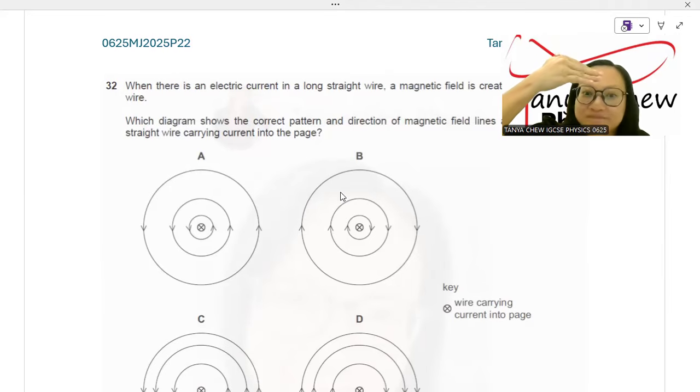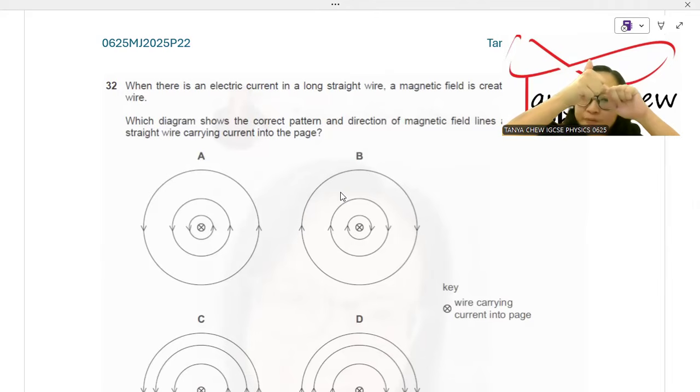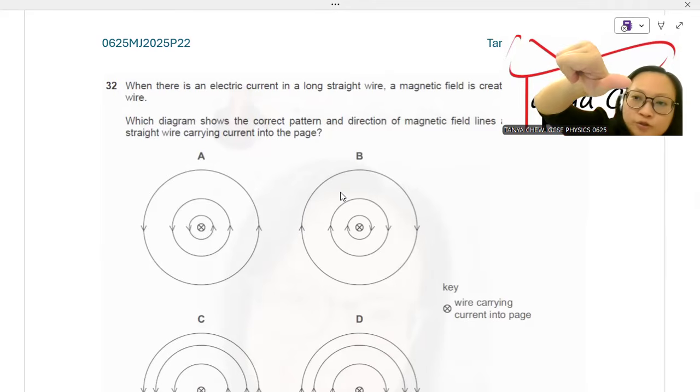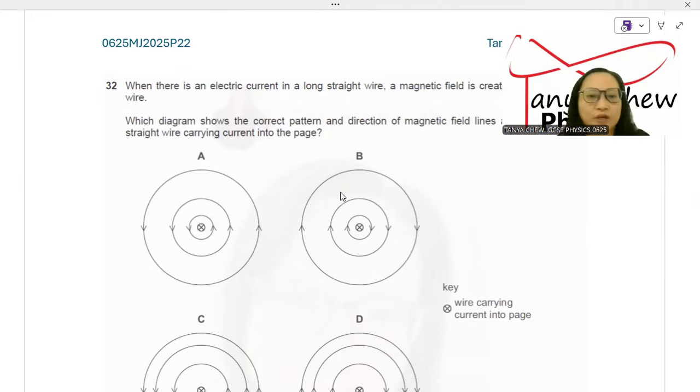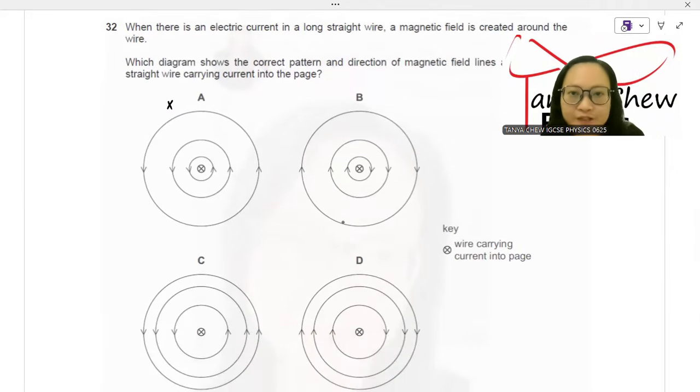This is my right hand. The thumb represents the direction of the current, which is into the page. So your thumb points into the page and you grip it like this. So the magnetic field is in a clockwise direction. A, goodbye A, you are wrong. Now, B is okay. C, goodbye C, you are also wrong.